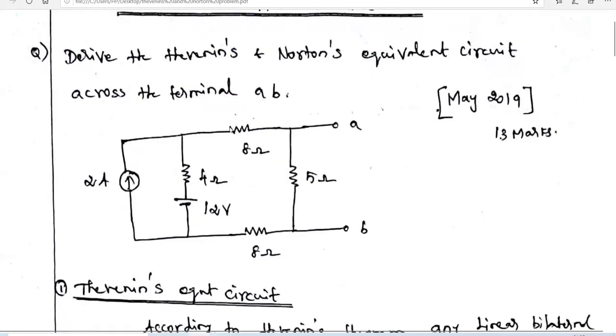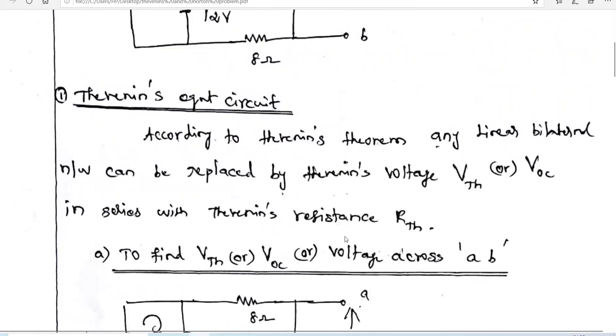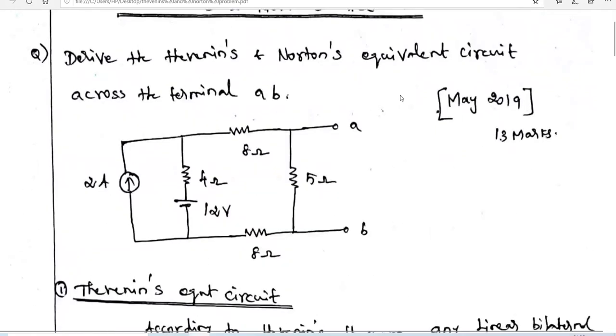So what is Thevenin's theorem? According to Thevenin's theorem, any linear bilateral network can be replaced by the Thevenin's voltage in series with the Thevenin's resistance. Take this circuit as an example: any complex circuit with a number of voltage sources, current sources, and resistances in series or parallel, we can replace with one voltage source, called the Thevenin's voltage source, in series with one equivalent resistance RTH.